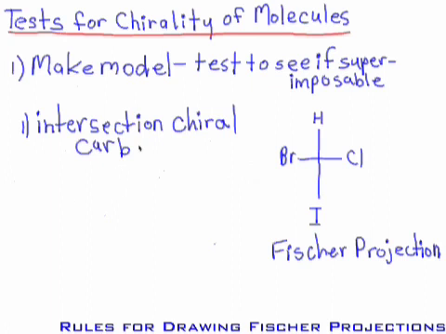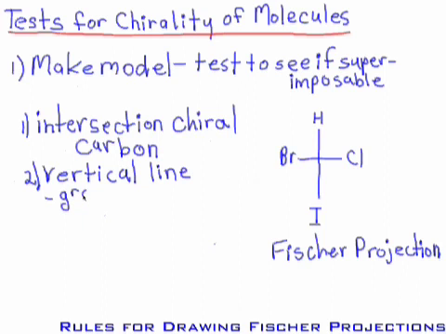The second rule is that the vertical line represents groups or atoms going into the paper, away from you.